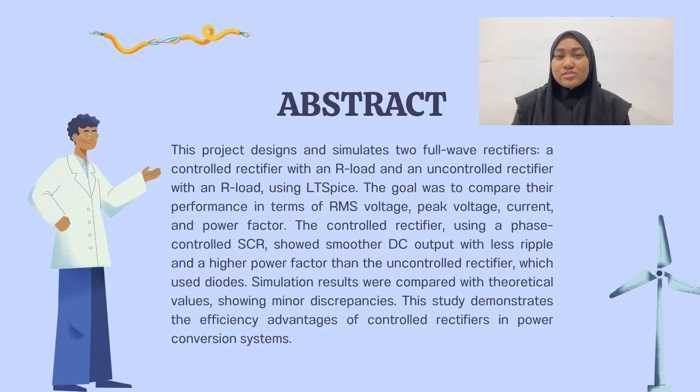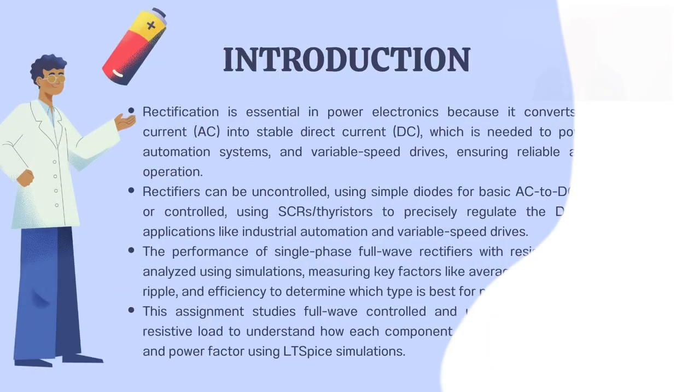The simulation results were also compared with theoretical values, and minor discrepancies were found, which can be attributed to component tolerance and simulation settings. This study demonstrates the advantages of using controlled rectifiers to improve the quality of DC output in power conversion systems.